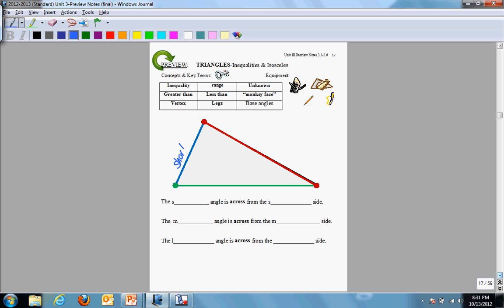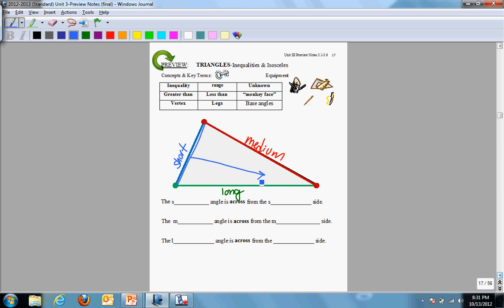This one, of course, is the short side. This is the long side. Therefore, this is the medium side. Very simple concept. I'd like you to trace the shortest side, please.